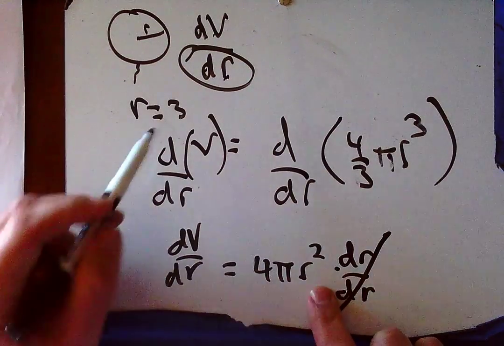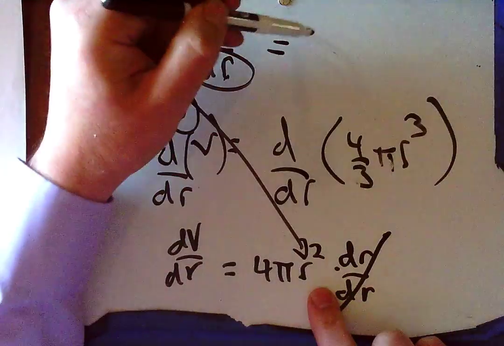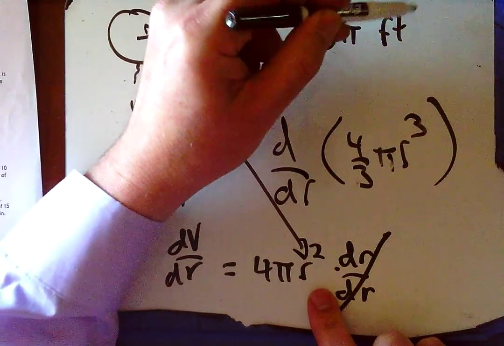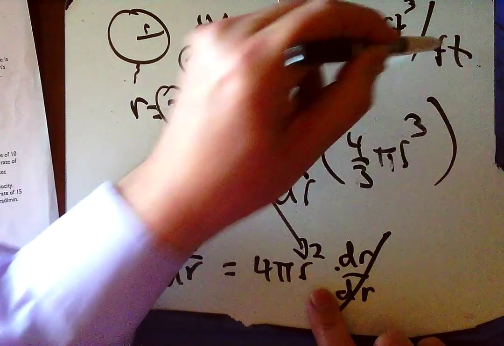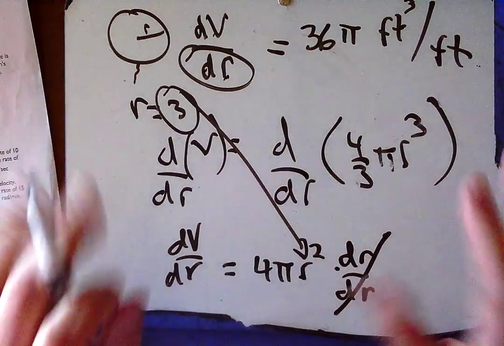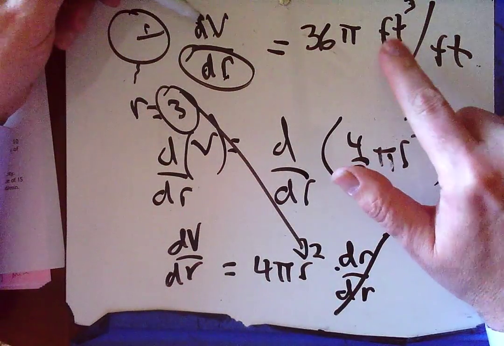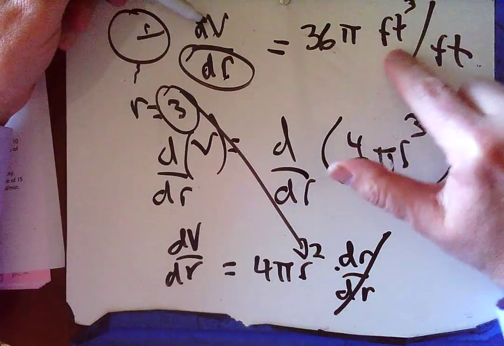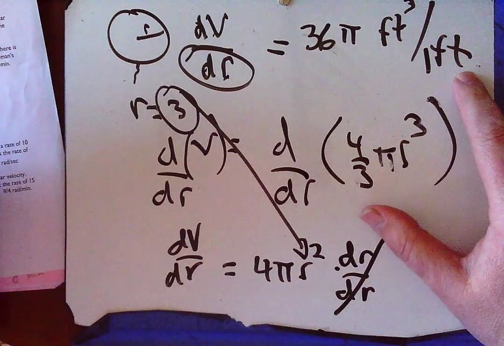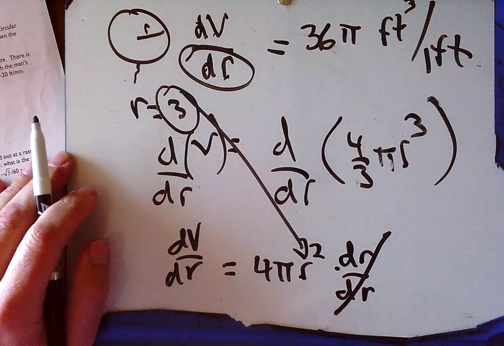So all I'm going to do is plug this 3 in here, and I'm going to get that dV/dr is 36 pi cubic feet per foot, right? It's not minutes or seconds here. This isn't about time. This is about the volume changing by 36 pi cubic feet for every 1 foot increase in radius when r equals 3, okay?